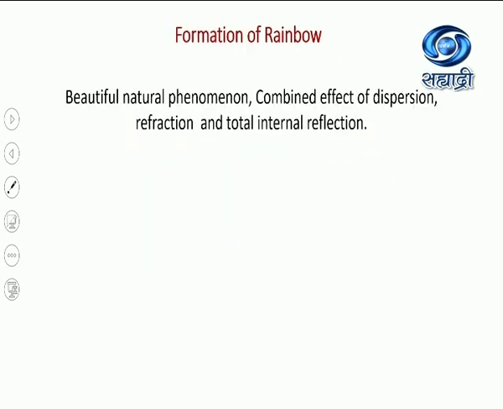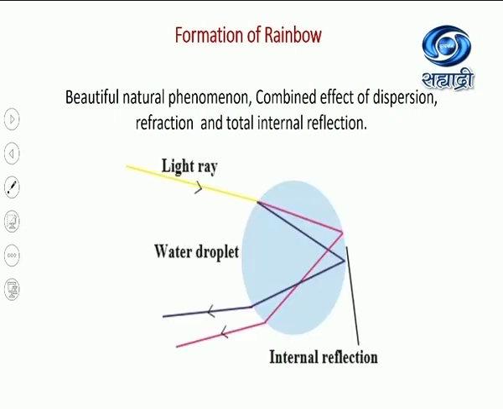Formation of rainbow. A beautiful natural phenomenon, a combined effect of dispersion, refraction, and total internal reflection. The formation of a rainbow in the sky is a combined effect of refraction, dispersion, total internal reflection, and refraction again.